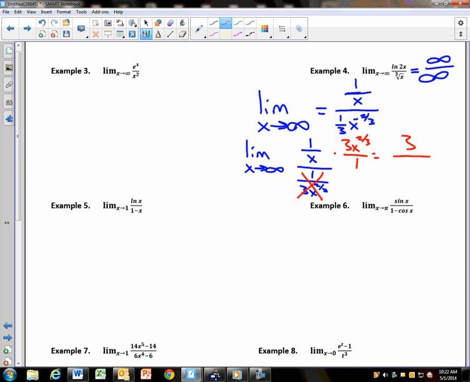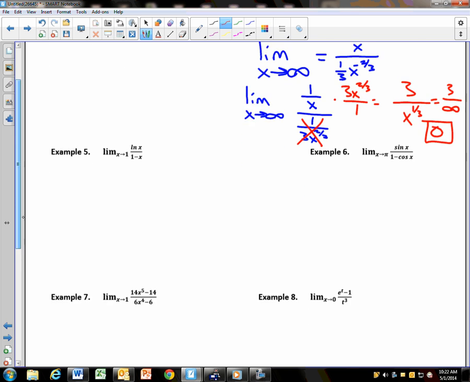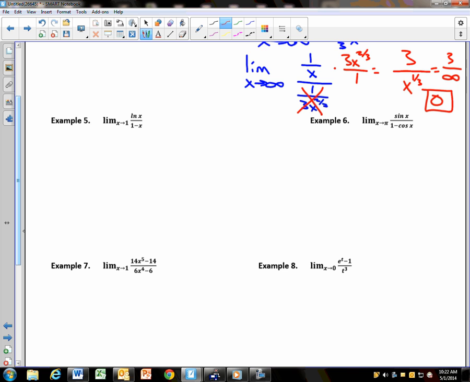What do you end up with on the bottom? x to the 1/3. Now we let our limit go to infinity. Okay? Anything happen with the 3? No. How about the bottom? So you end up with 0. What do you think of that?